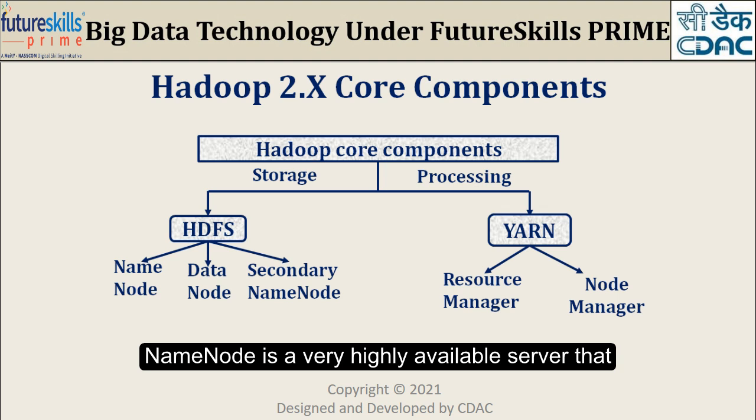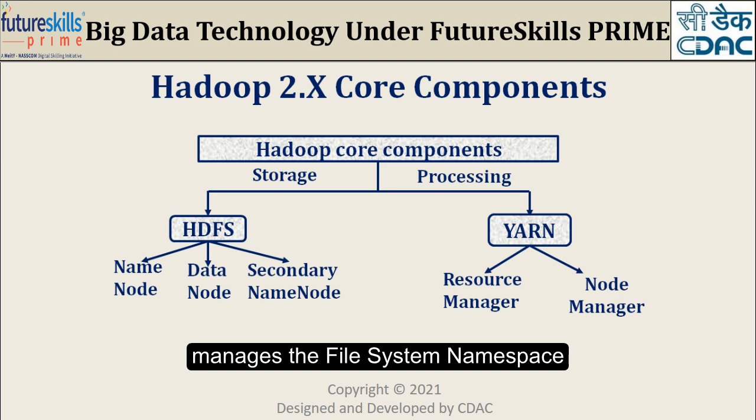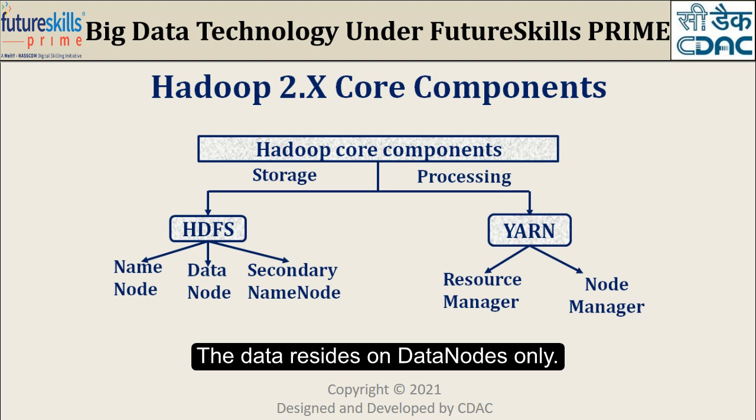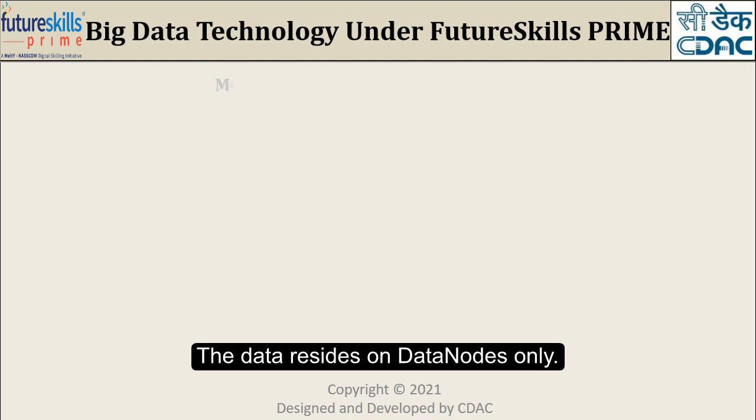Name node is a highly available server that manages the file system namespace and controls access to the files by clients. We will be discussing this high availability feature of Apache Hadoop HDFS in later sessions. The HDFS architecture is built in such a way that the user data never resides on the name node. The data resides on data nodes only.